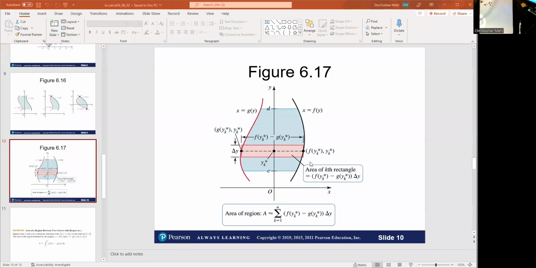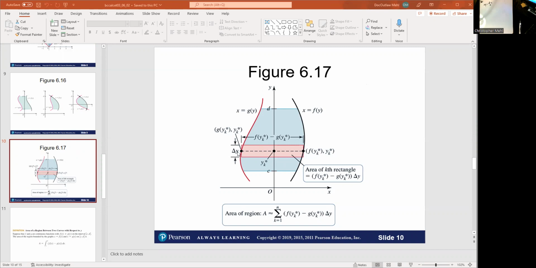yk star now, and that point yk star, I'm going to evaluate my right function, my greater function f at yk star, and my other function g at yk star on each interval. I'm going to make a Riemann sum, f of yk star minus g of yk star times delta y.